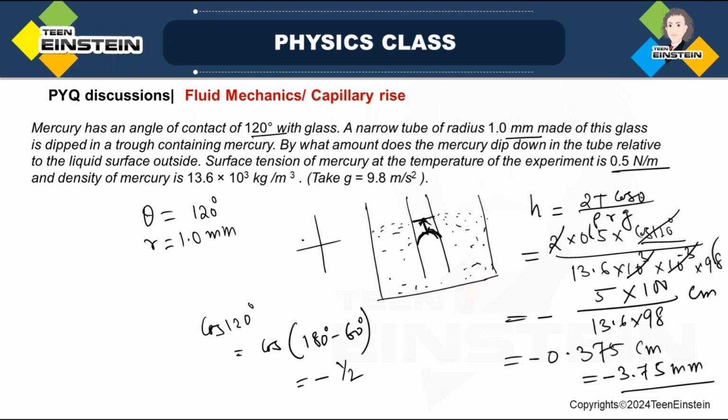That means it is getting depressed instead of rising. So the amount by which the liquid level is going to be depressed is 3.7 millimeter. Okay, so this was the question here.